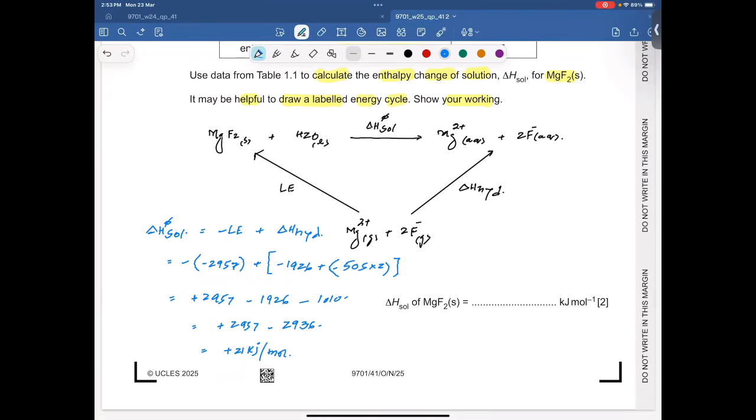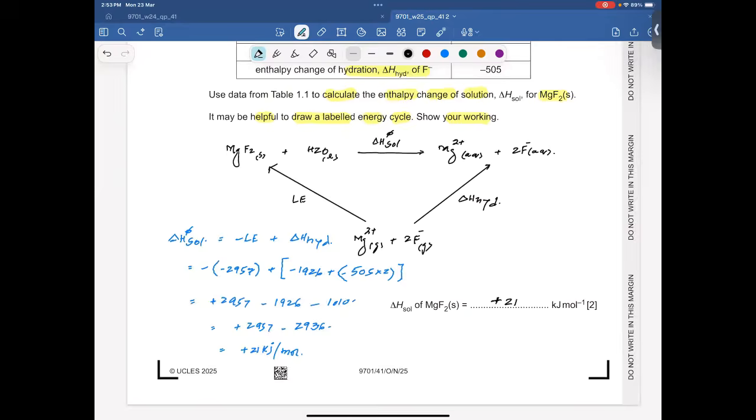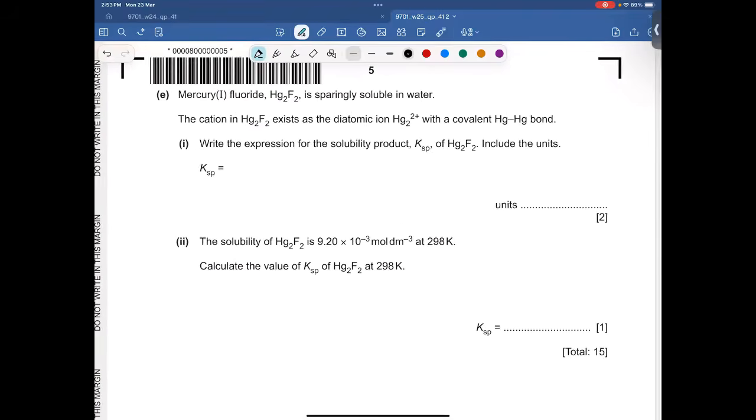Okay, so plus 21 kilojoules per mole is the right answer. That's the first question. It is quite lengthy. Let's move on to the next part.